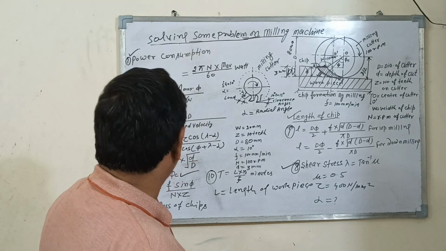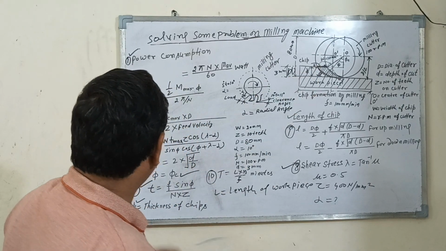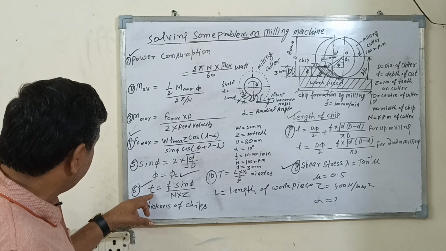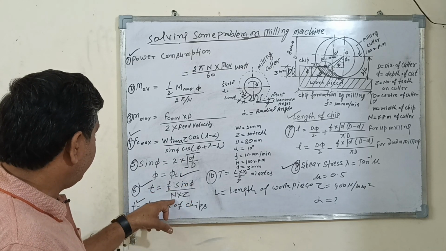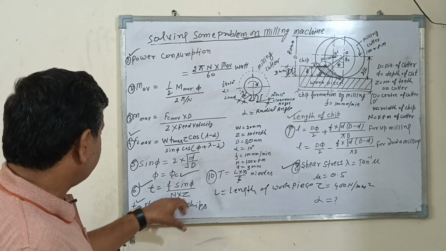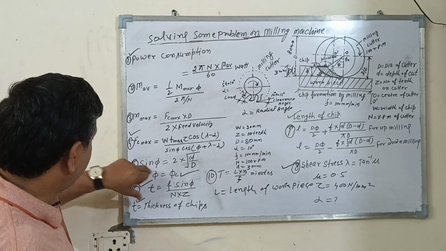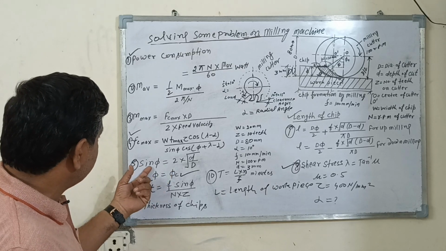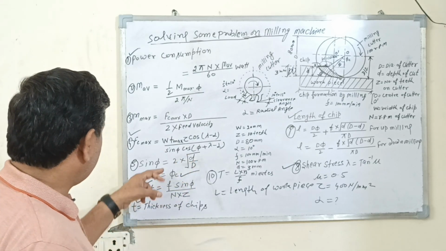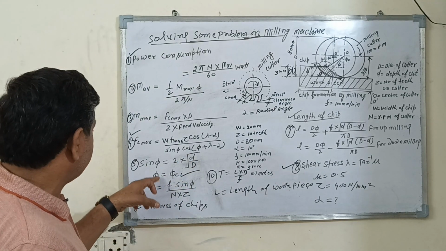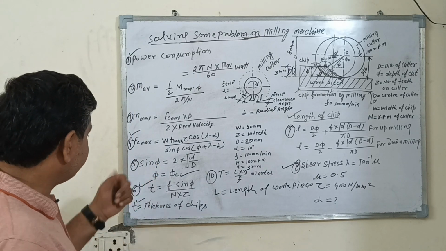Here W is the given width of the chips, and T maximum is calculated with this formula: T equals F sin phi divided by N into Z. Sin phi is calculated as the square root of 2 times small d divided by capital D, and you will get the value of sin phi, and also calculate phi with this formula.